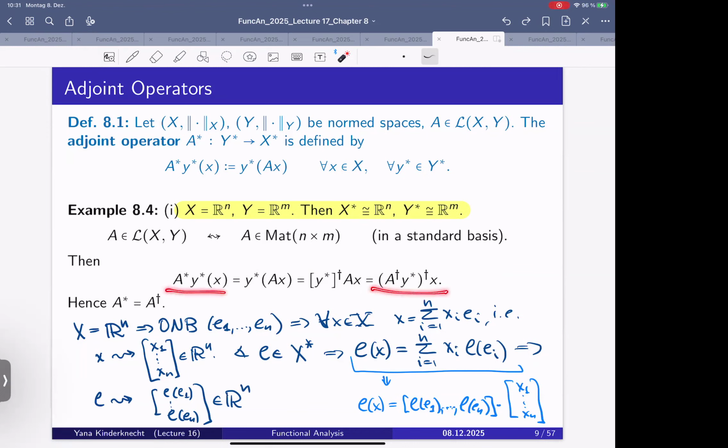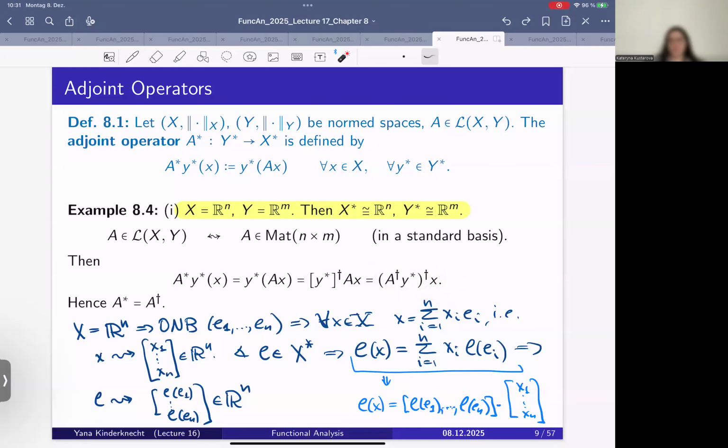Nevertheless, what is written here, here, and here? My argument is X. And this is the matrix product of a row vector with a column vector. So we have a matrix times a column vector, which is a column vector. We transpose, we obtain a row vector, and we have the matrix product of a row vector with a column vector.